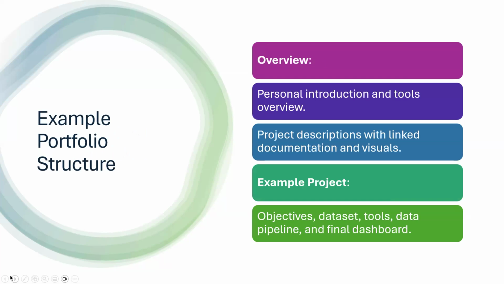So, the structure that your portfolio will follow will just be a general overview, an introduction of the tools you are using, the project descriptions with links to documentation, and the visuals that you have done.